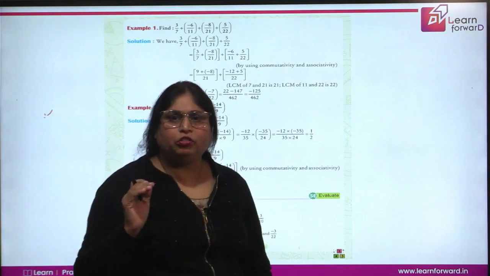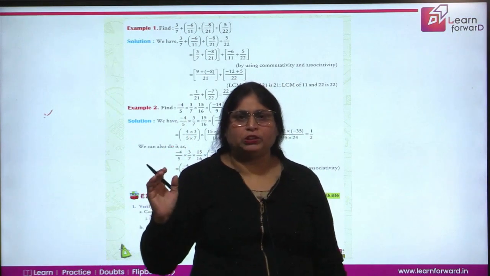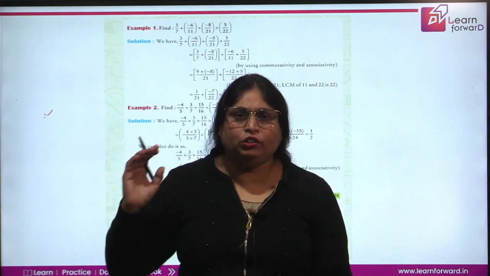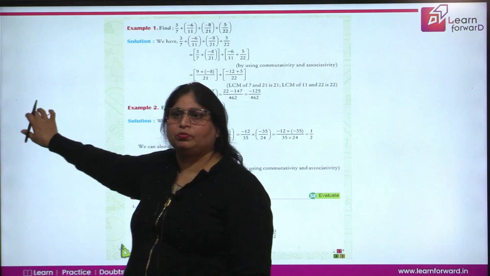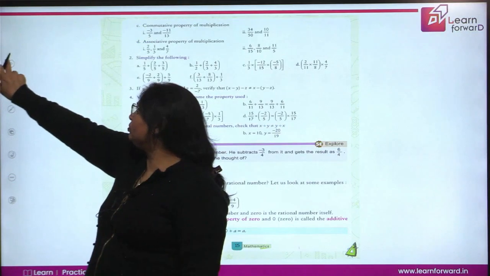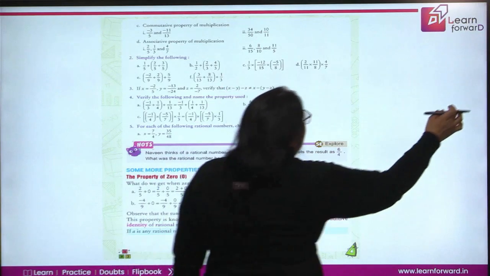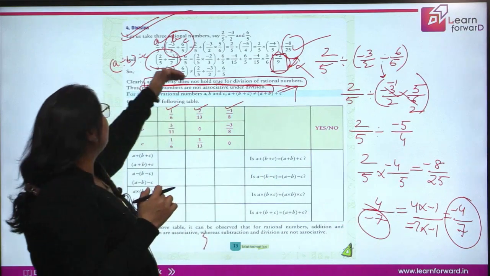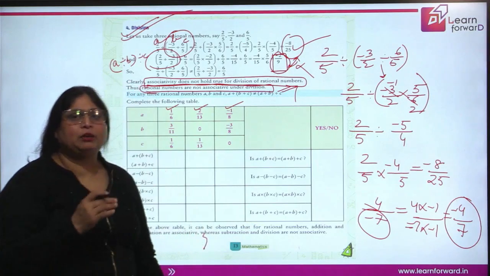Have you seen whether associativity holds true for division? That means rational numbers are not associative for division. Again, you have to complete this table as homework.